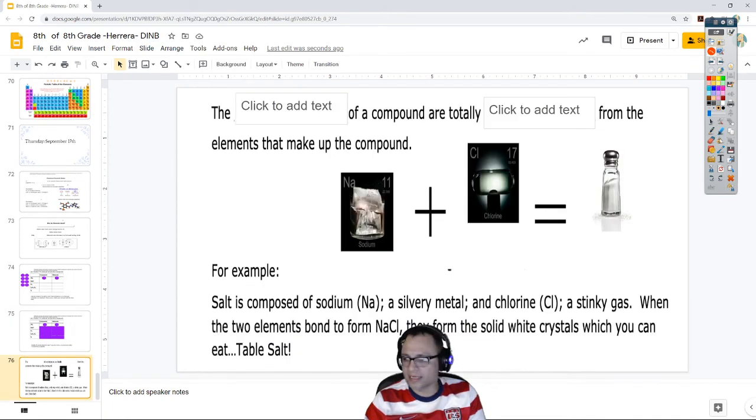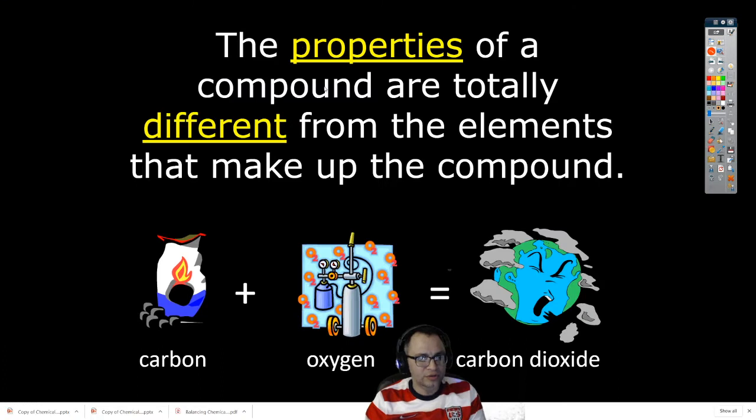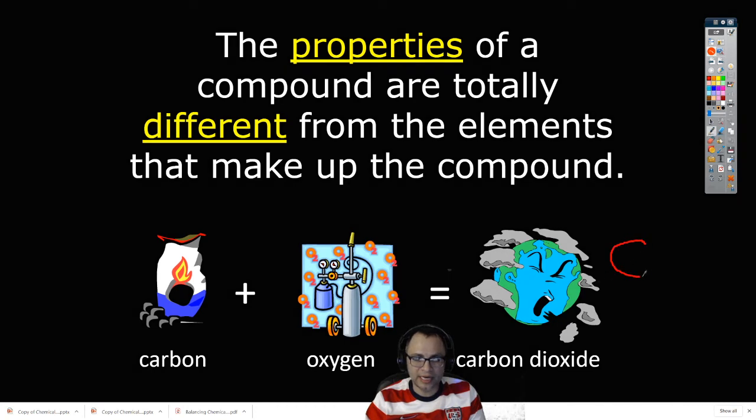For these last slides of notes, you have to use this slide. It says the properties of a compound are totally different from the elements that make up that compound. So for example, you have a colorless, odorless gas called CO2, carbon dioxide, this right here. Carbon dioxide is made up of 2 different elements. It's made up of carbon, which in its natural state is solid, and they almost look like little stones, like right here.